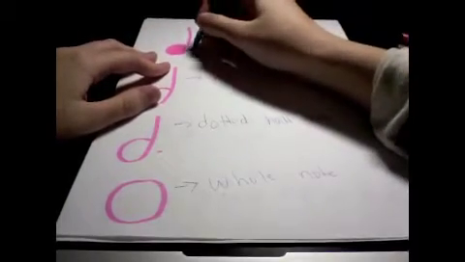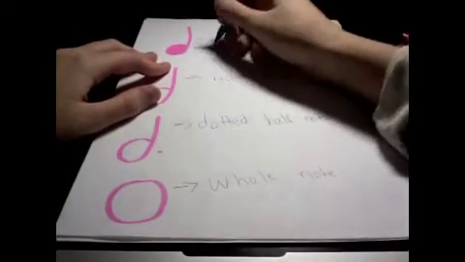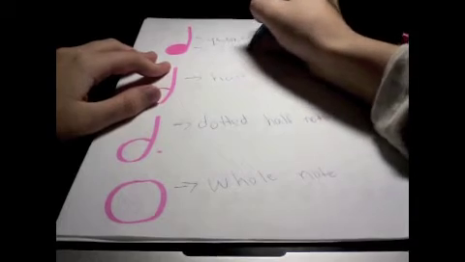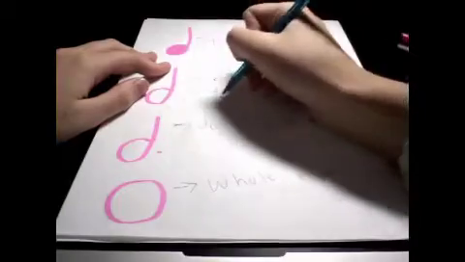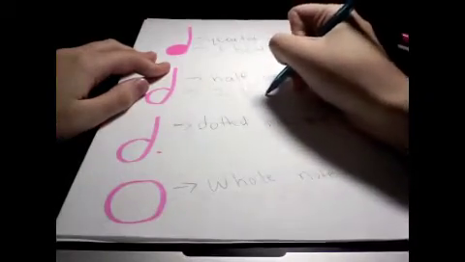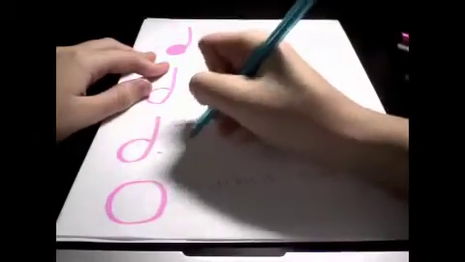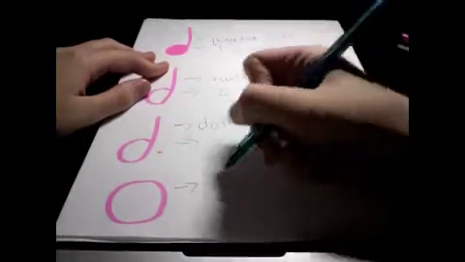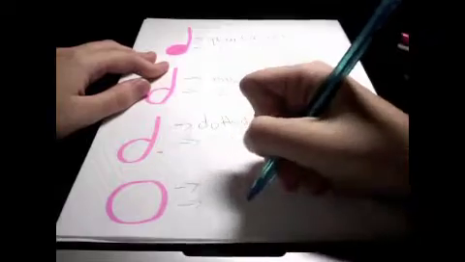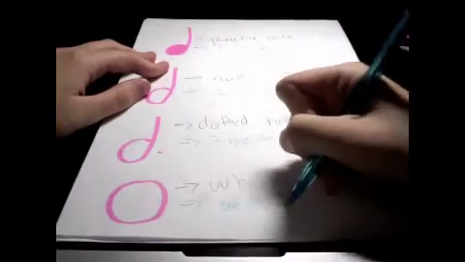So, a quarter note gets one beat, okay? A half note gets 2 beats. A dotted half note gets 3 beats. And then a whole note gets 4 beats.